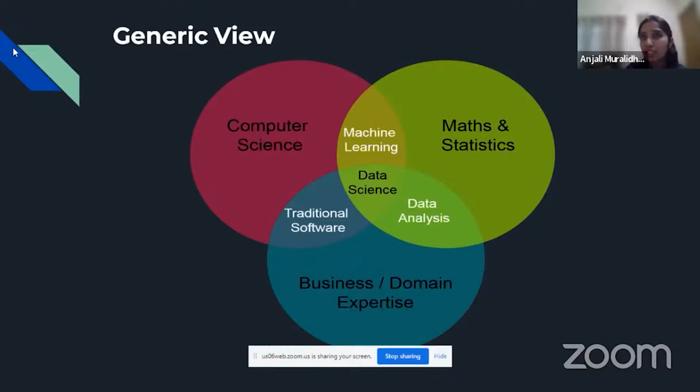Then business or domain expertise: you need to be good at your communication skills, so that you can understand the business side and get further insights from their end. So that is why we need business or domain expertise when it comes to data science. Suppose you're working with an organization, you can simplify their work in a better manner if you have knowledge of data science.